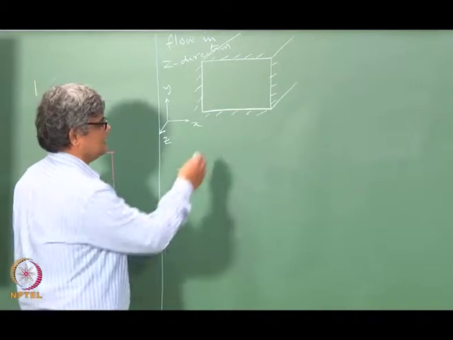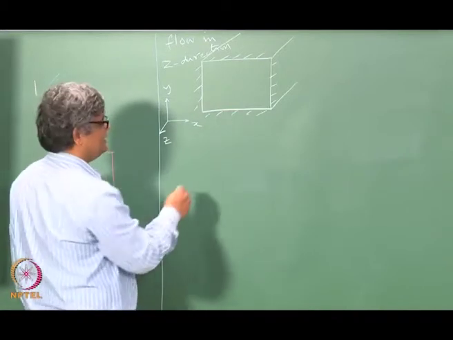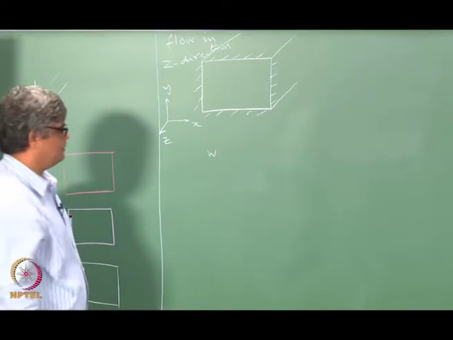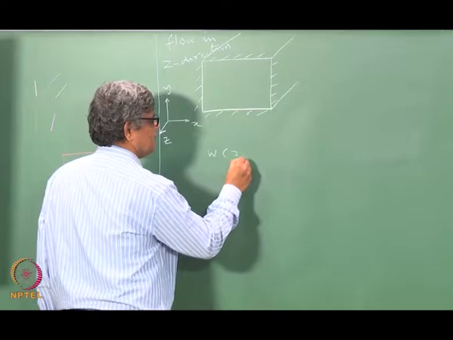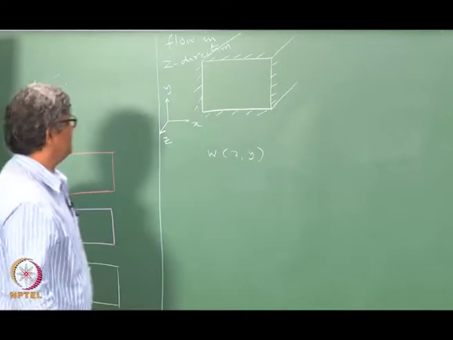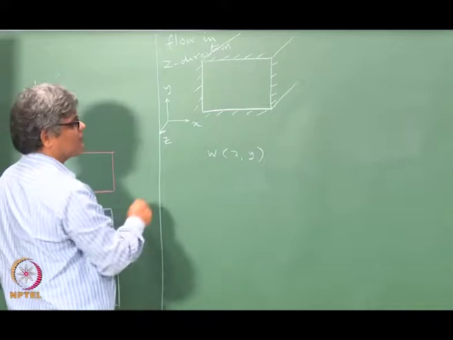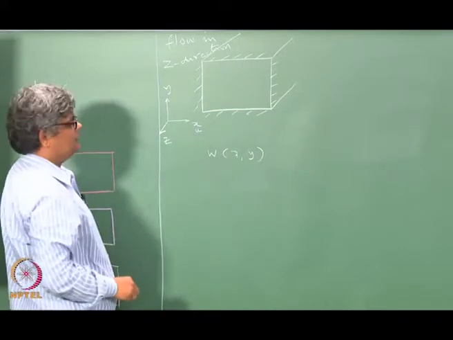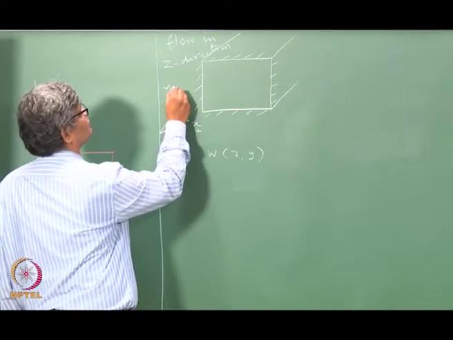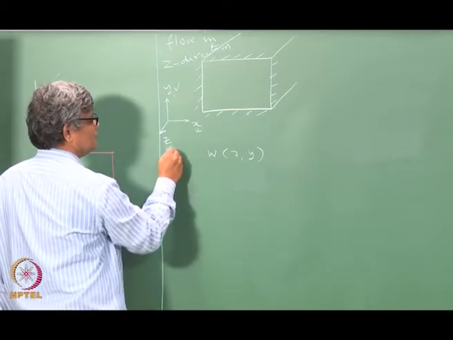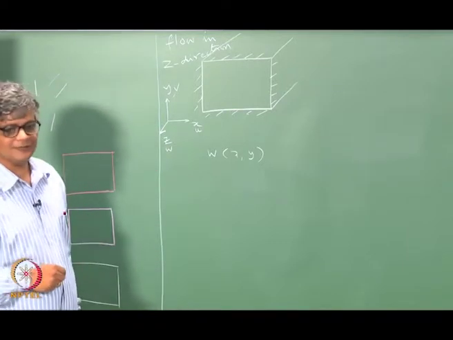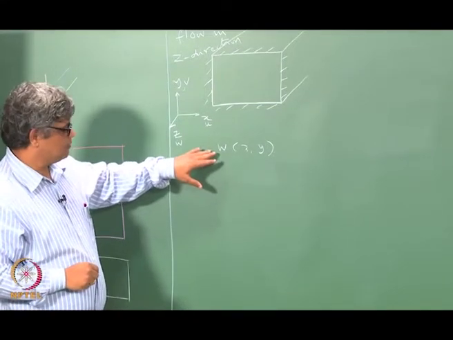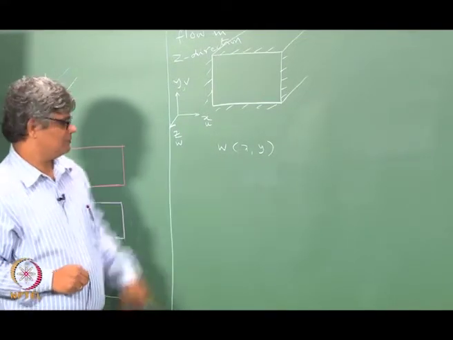So, we would like to say that prima facie in this particular case the velocity component in the z direction, w, is a function of x and y. Okay. So, if you consider this Cartesian coordinate system, you have a velocity component u, a velocity component v and a velocity component w in the z direction. And what we are interested in is how does velocity component w change with x and y.